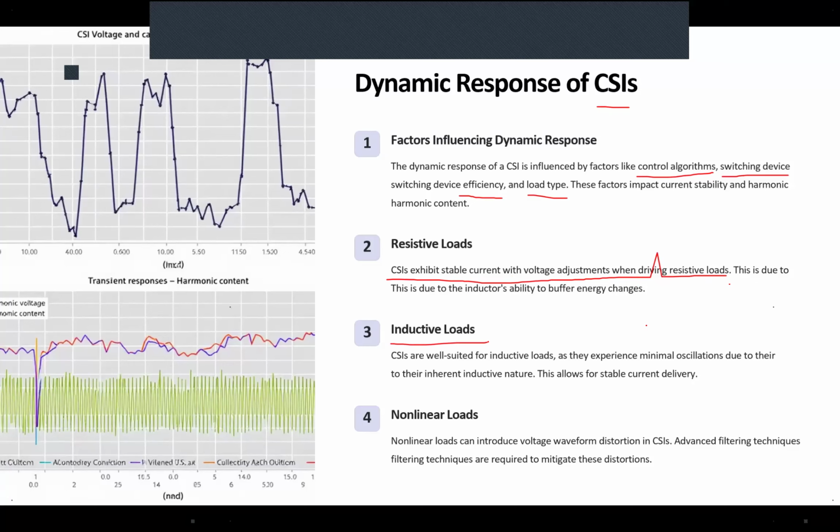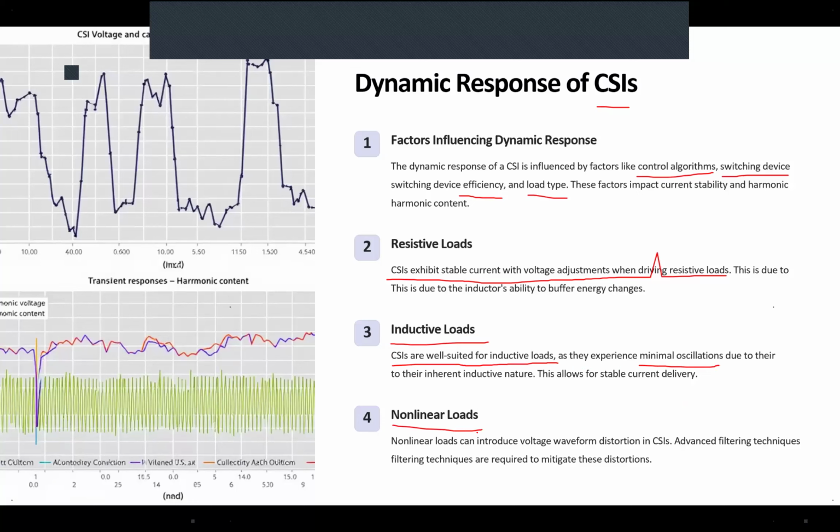When it comes to inductive load, as we discussed, it is much better suited to answer the inductive load because it would regulate the current and minimize the oscillation due to the changes of the current. So the stress of the dynamic change in an inductive load when you use the CSI is much lower than when you use a voltage source.